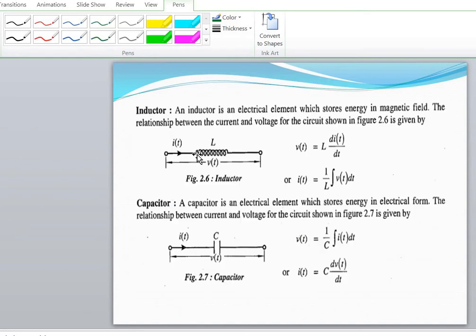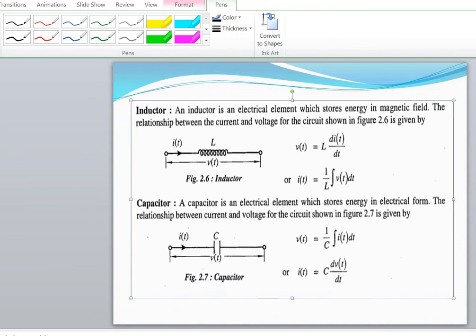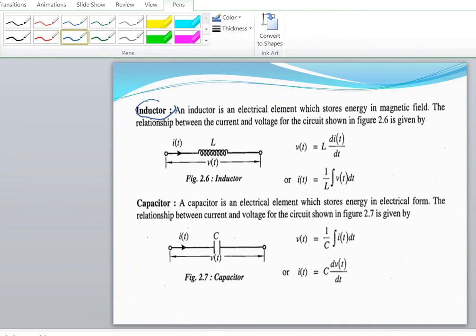So the next element is the inductor. Inductor is an electrical element which stores energy in magnetic field. The relationship between current and voltage for the circuit shown in figure 2.6 containing an inductor is given by, see here there is a circuit where I of t is the current flowing and L is the inductance and V of t is the voltage across this circuit.